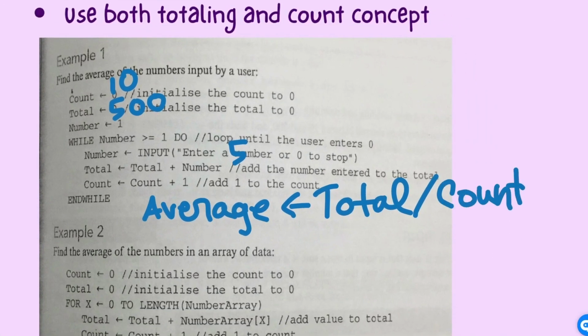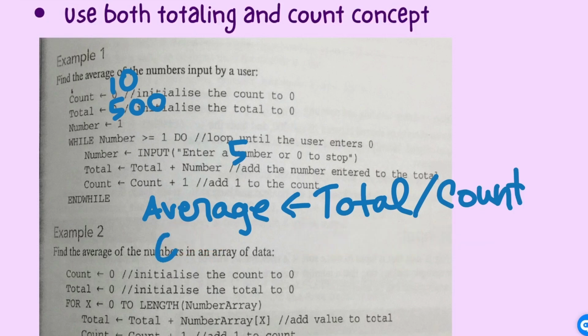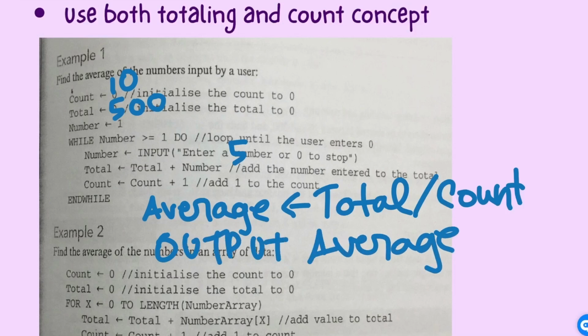So what basically happens is total, which was 500, is divided by 10, and the average becomes 50 because 500 divided by 10 is 50. And then you can go further to add output average, and that outputs your average.